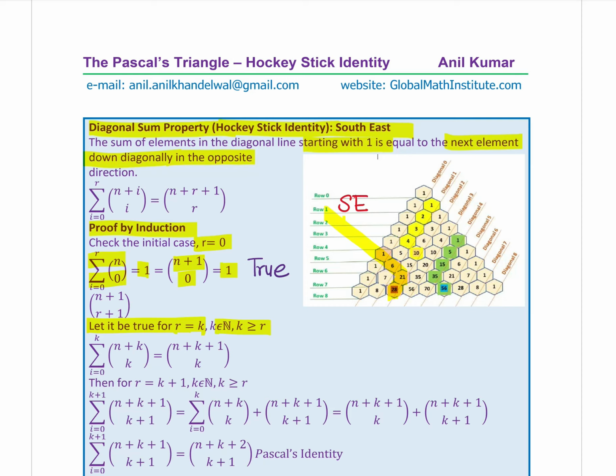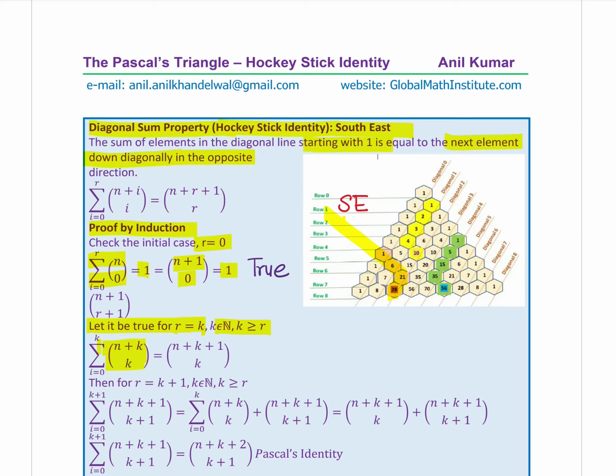In that case, in sigma notation, the sum of elements will be n plus k Ck. And what are we expecting? The result should be n plus k plus 1 Ck. That is what we are expecting, since we replaced r with k in the given expression.